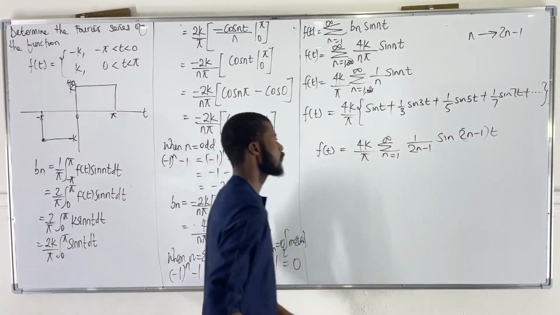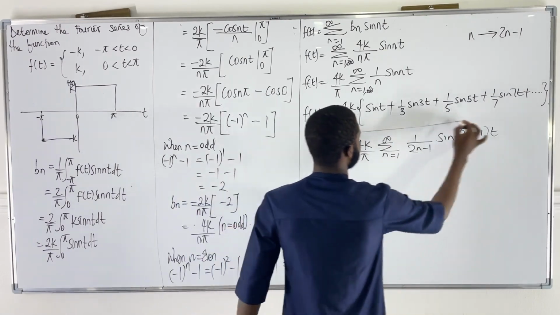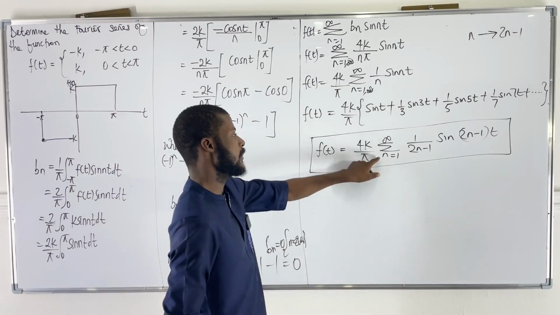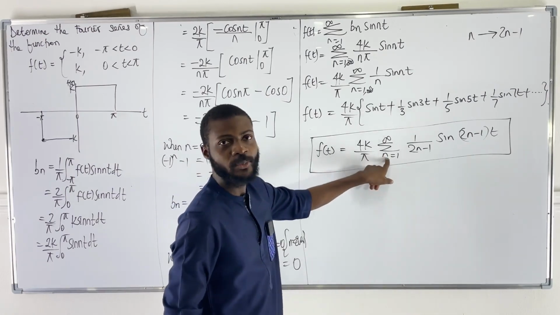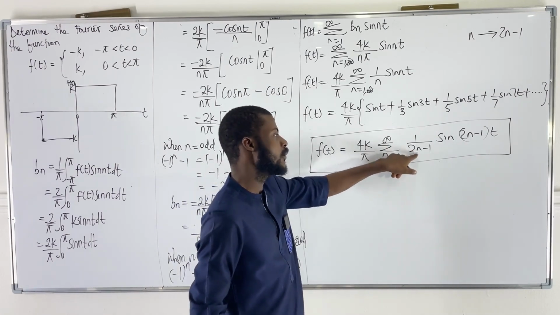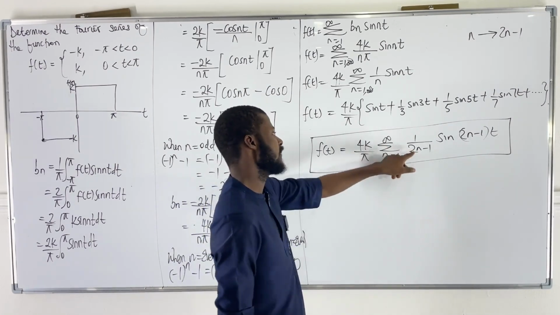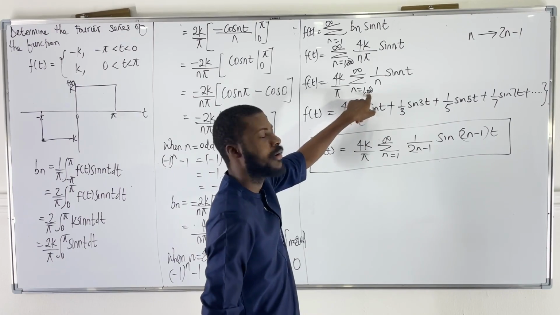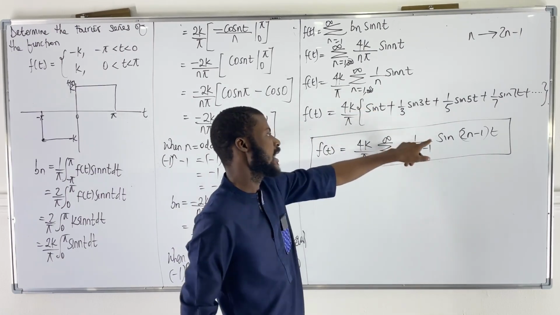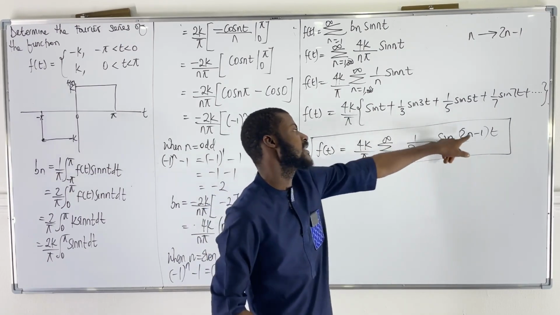When you do this, it is still the same as this. Just that this time around, no matter the value you put for n, your answer will always be odd. So you don't need to put n odd beside this. When you represent it like this, every single number you get here will always be odd.